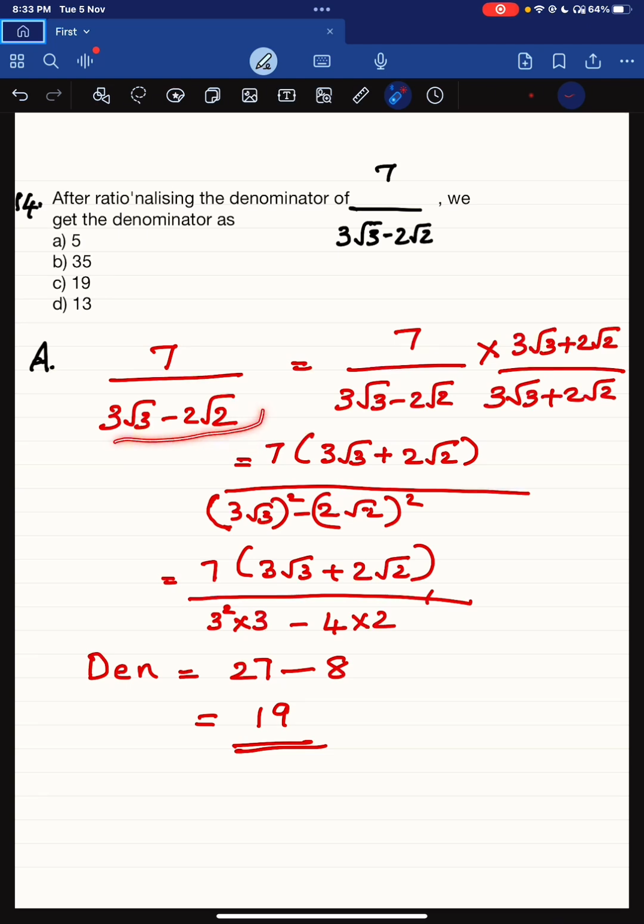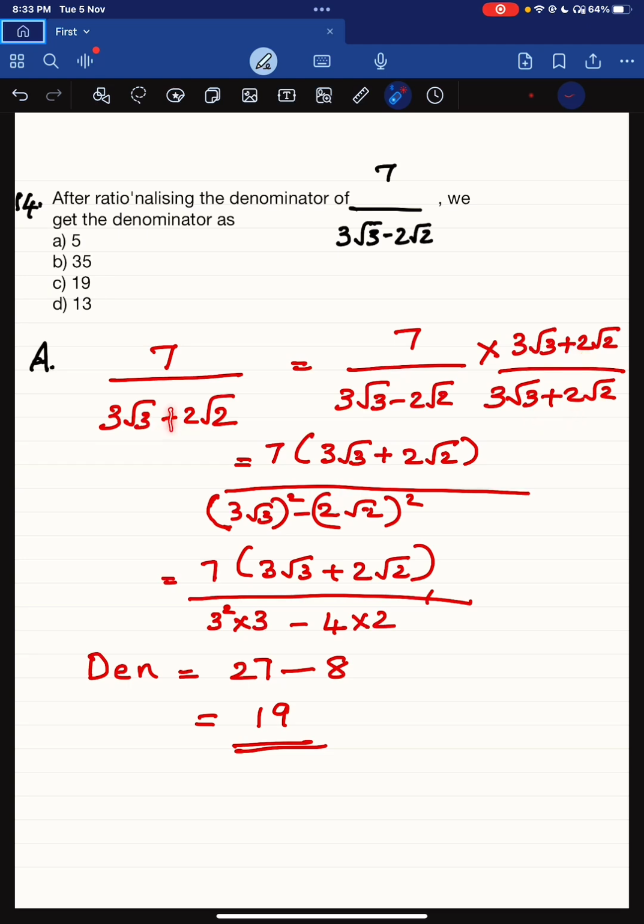We want to change the sign. If it is minus, we want to multiply both numerator and denominator by the opposite sign. If it is minus, we multiply by plus. That is 3 root 3 plus 2 root 2 by 3 root 3 plus 2 root 2.